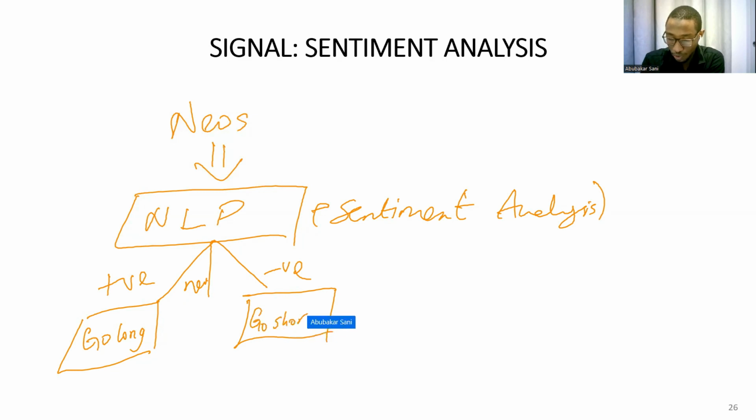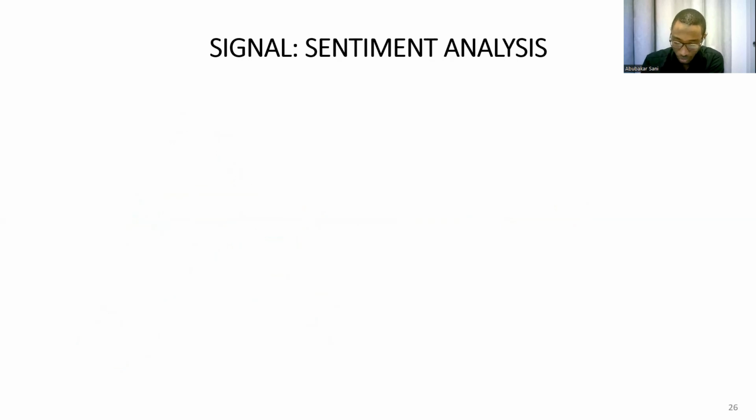So I will borrow shares from the broker, sell them in the market, and then once it is at the level I was expecting it to fall to, I go buy shares and return them to the broker. For neutral, I don't intend to do anything. So this is my signal. My signal is going to come from the NLP engine. All right. So that's my signaling part.